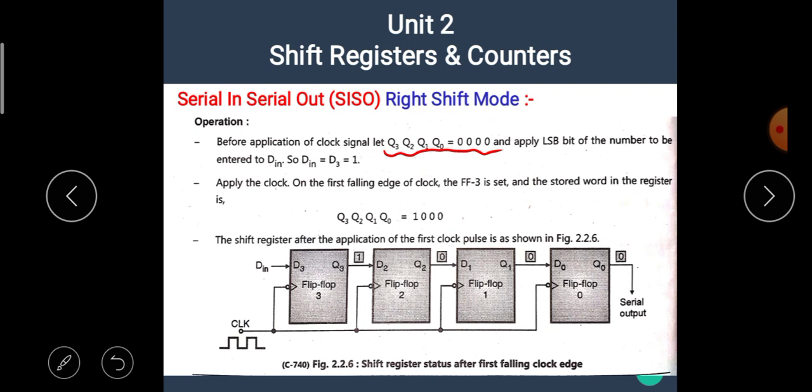Then apply the clock, that means the first negative edge or falling edge of the clock. Flip flop 3 is set, hence it becomes 1 and the stored word in the register becomes 1 0 0 0. Okay, I hope you all understand.